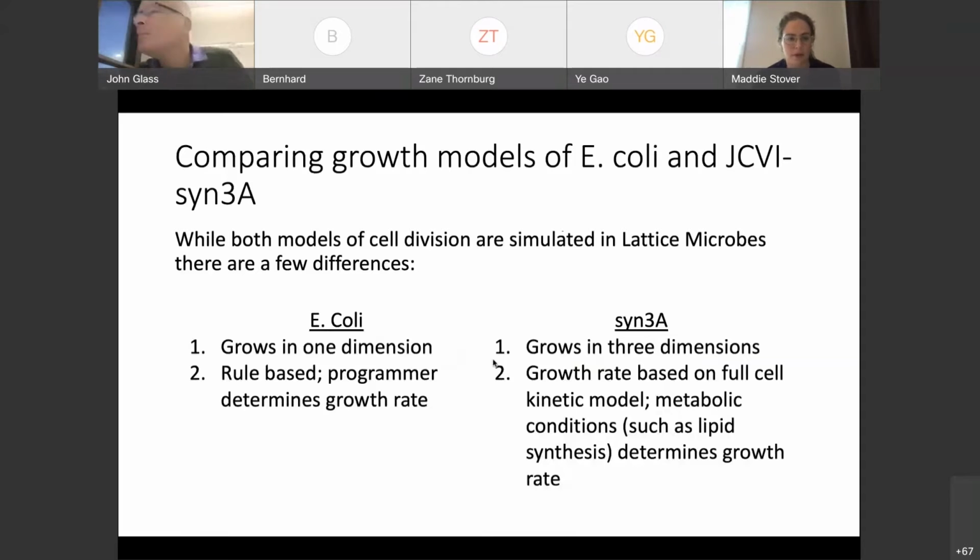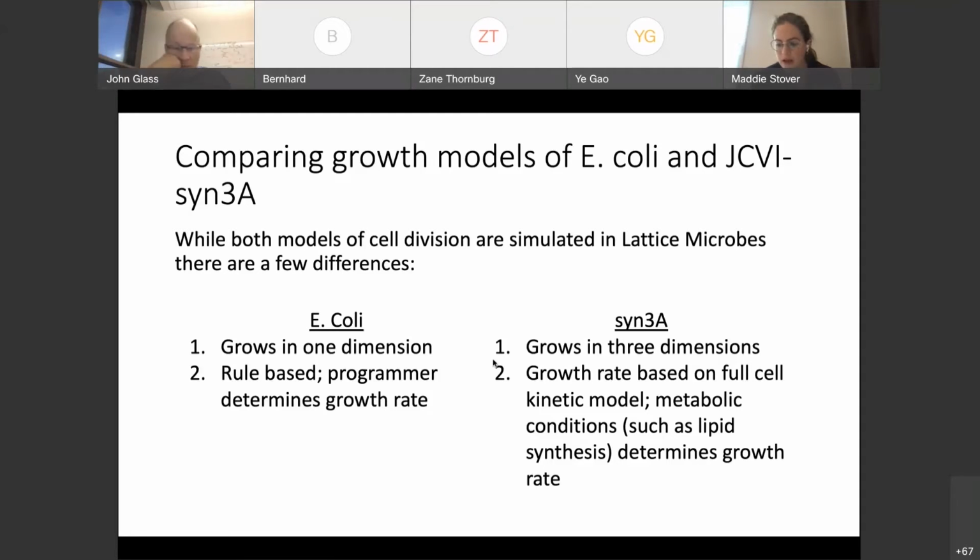While both of these models for cell division are simulated in Lattice Microbes, there are a few important differences. Because of its rod shape, E. coli only grows in one dimension in Tyler's model, whereas SYN3A grows out spherically in all three dimensions in our model. Tyler's model is rule-based for E. coli, whereas our growth for SYN3A is based on the full kinetic model of the minimal cell.